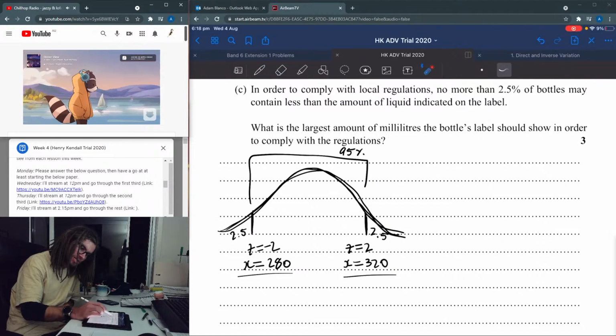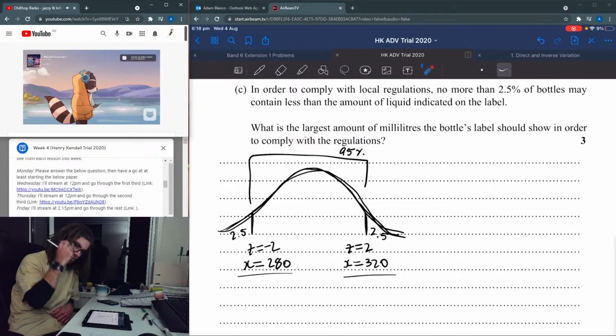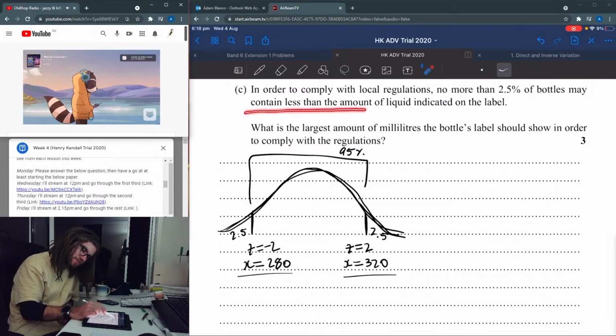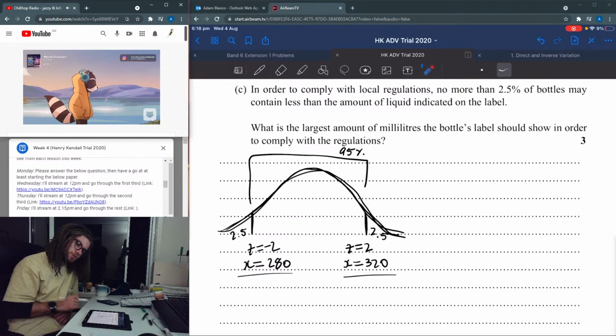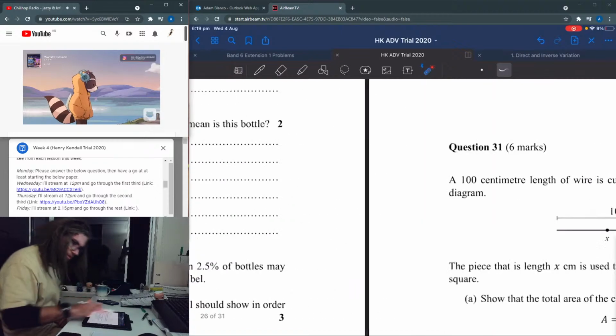Wouldn't it have to show, what's the largest amount it should show in order to comply? Well, if it's indicated that it's got 300, then it can't be 2 z-scores less than that. Less than the amount indicated on the label. I don't like how that question's worded. The answer is 280. I'll come back to that. I don't like that.